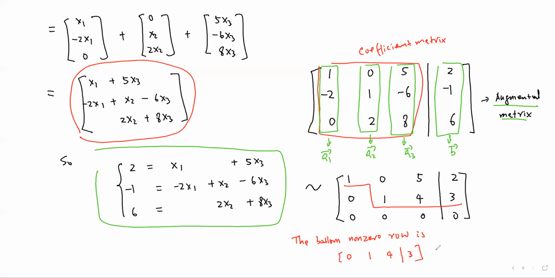The bottom non-zero row is not in this form: 0, 0, 0 with a non-zero right hand side. The bottom non-zero row is not in this form. Then the linear system must have solutions.